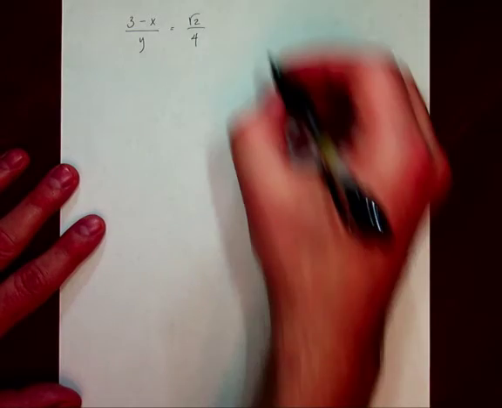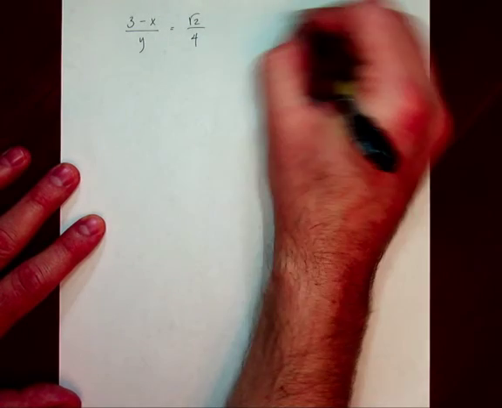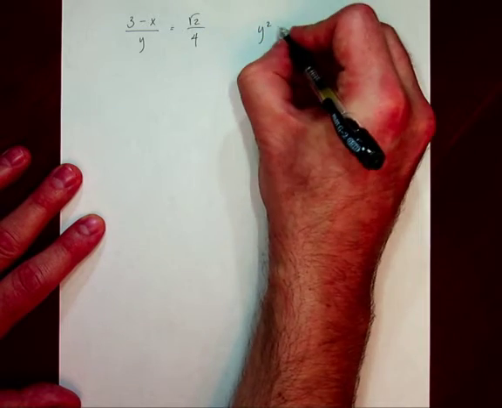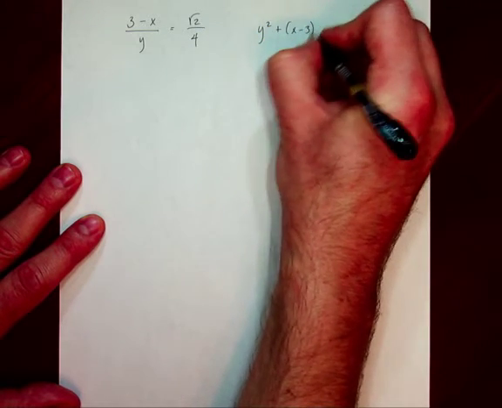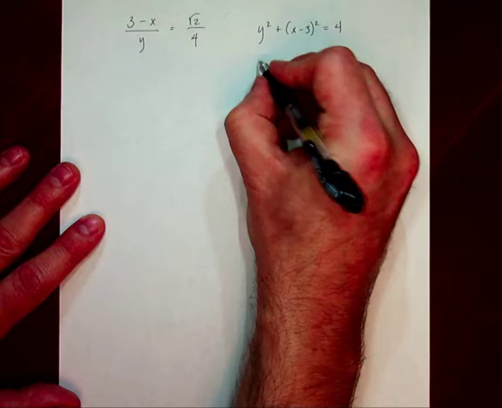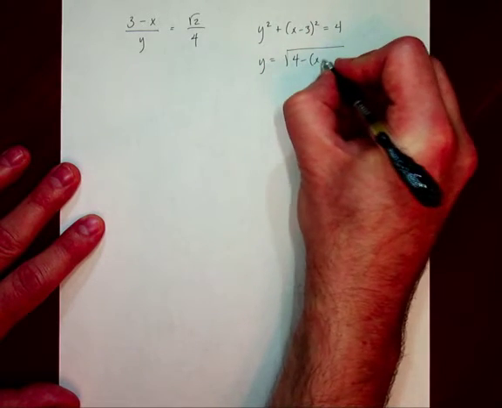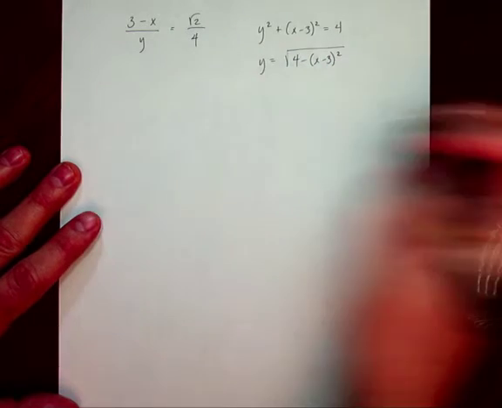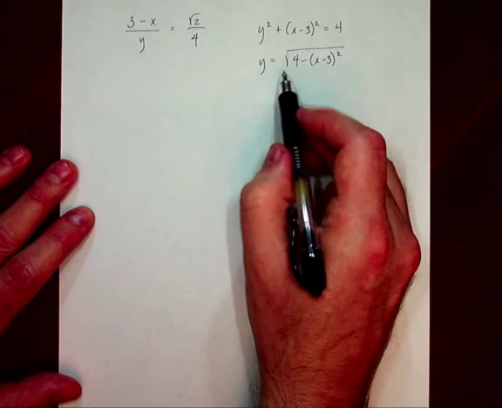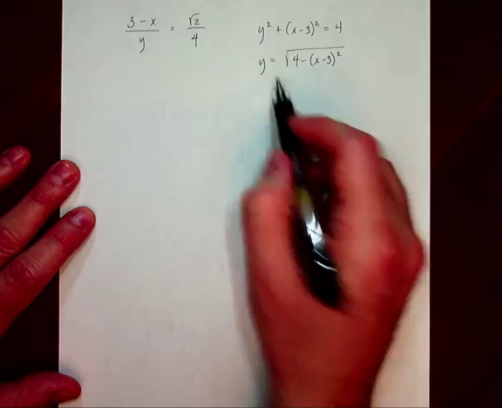You can, of course, solve the second one for its y equals, for that top half, because it's y squared plus x minus 3 squared is equal to 4. And therefore y is equal to the square root of 4 minus x minus 3 squared, but it's the top semicircle, the top half of the circle, so it's positive.